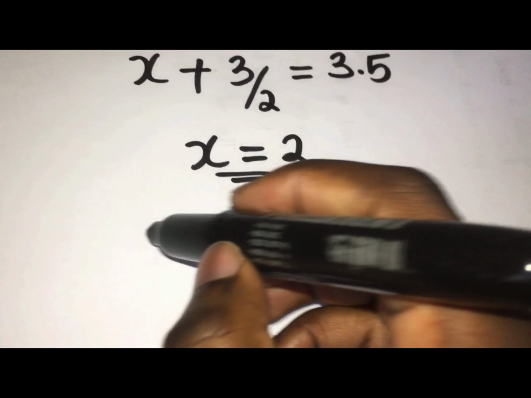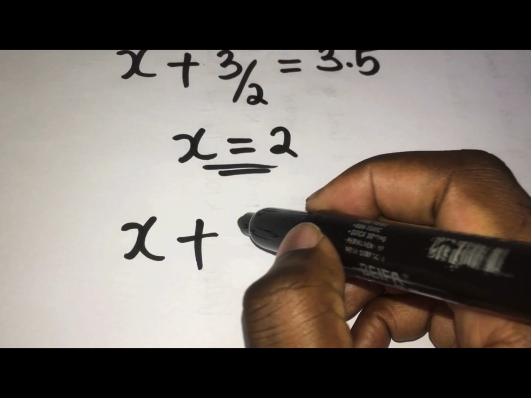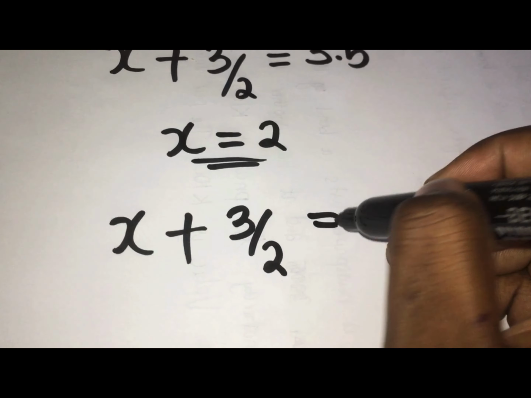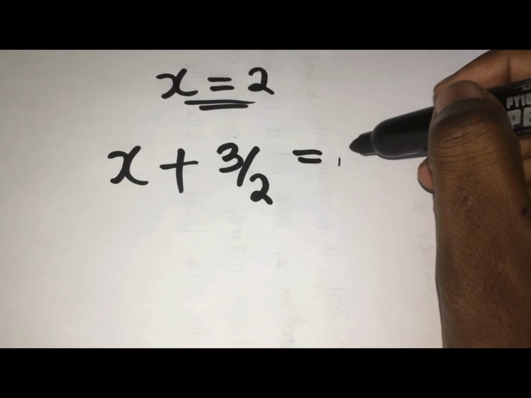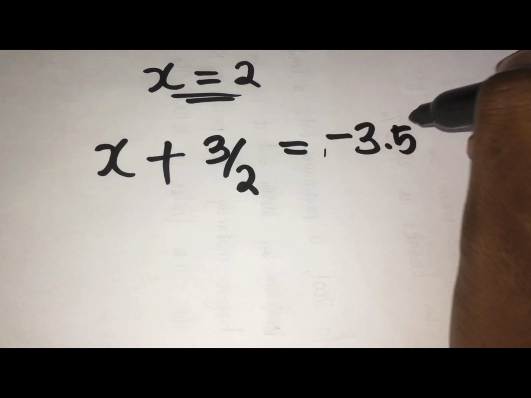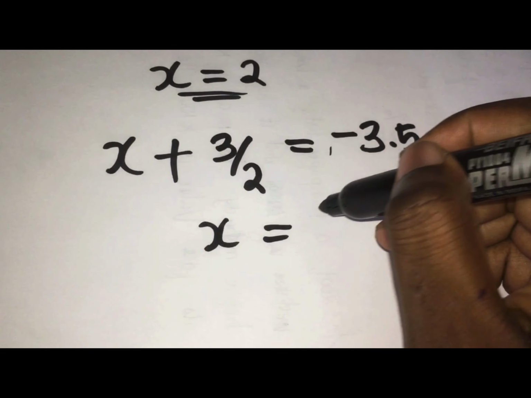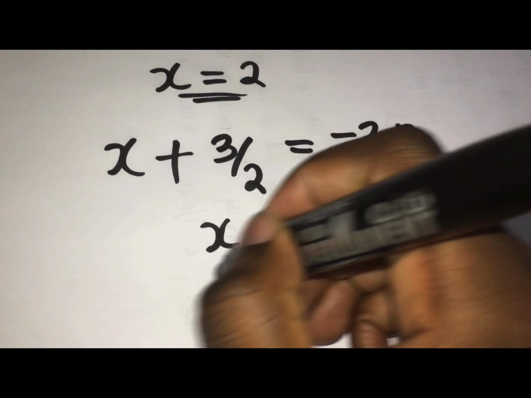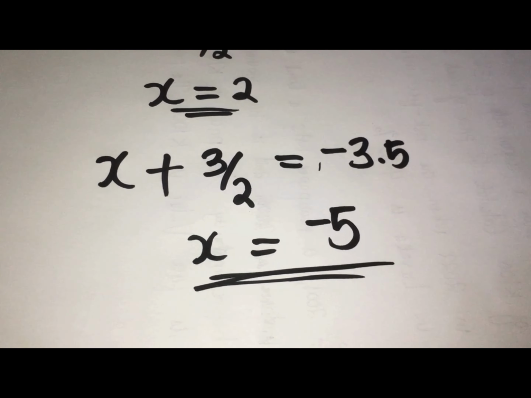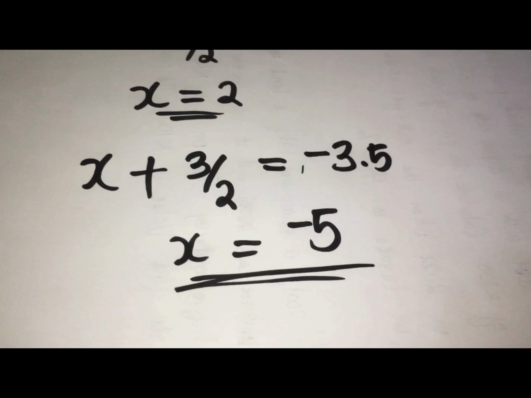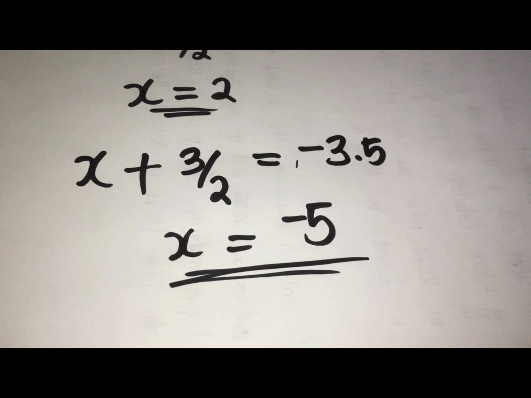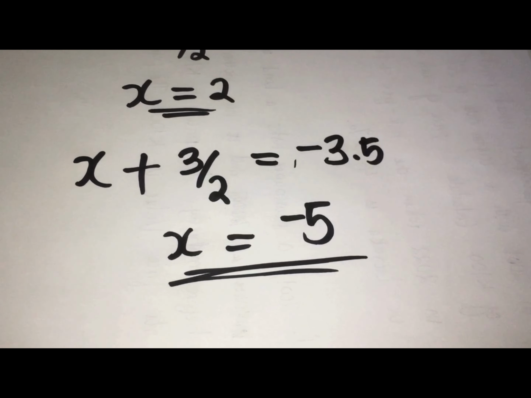Or you get the negative number. You have x plus 3 over 2 is equal to negative 3.5. Final answer is negative 5. So those are the two values of x that are going to satisfy the equation.